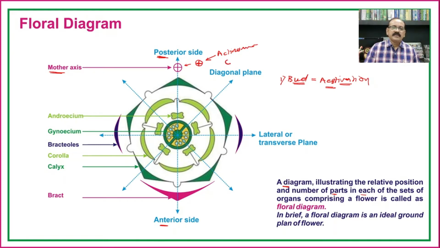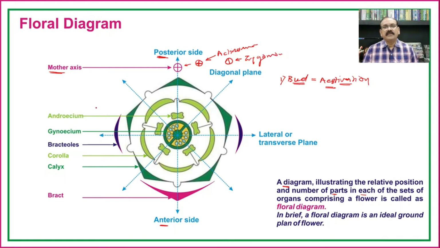And if the flower is zygomorphic, we have to draw the circle with one vertical line. So in this case the flower will be zygomorphic.